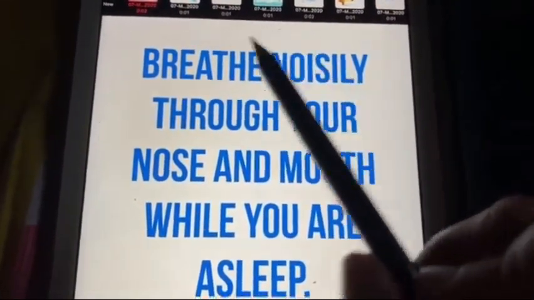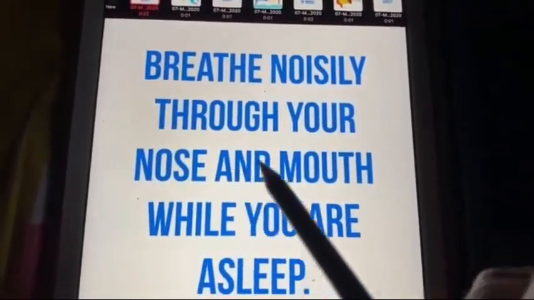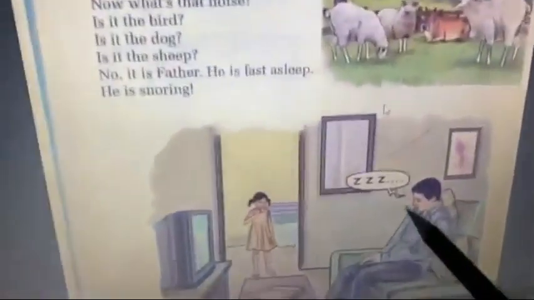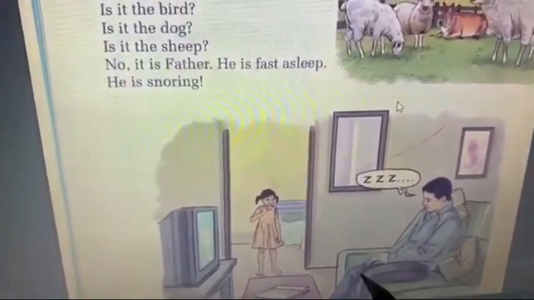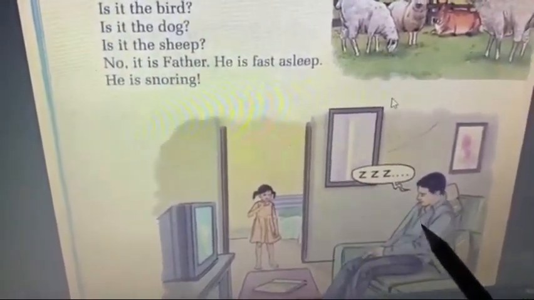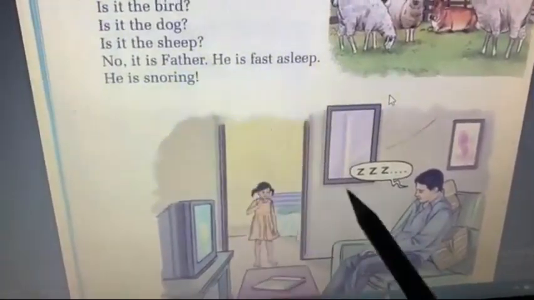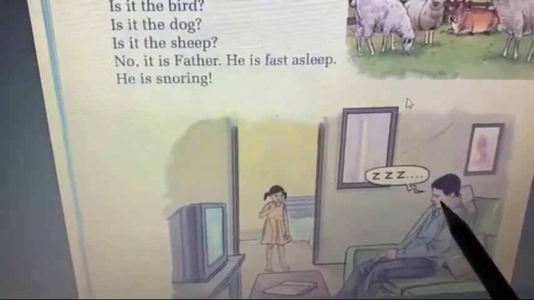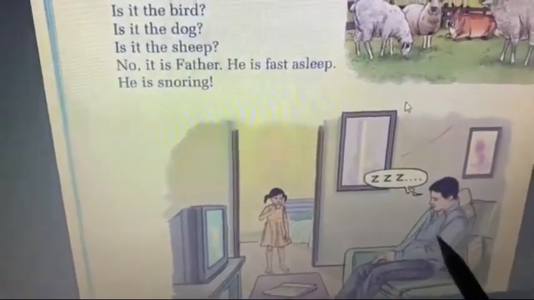Breathe noisily through your nose and mouth while you are asleep. This man who is sleeping, this girl's father, is in a very deep sleep. And that snoring sound is coming either from his mouth or from his nose because he is in his deep sleep.